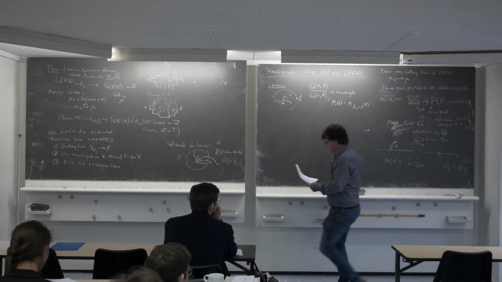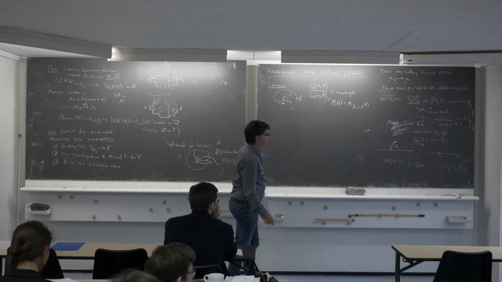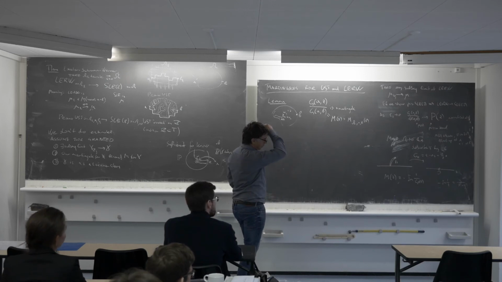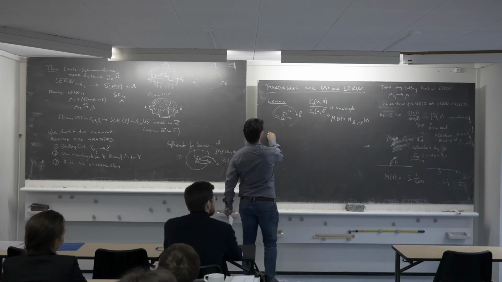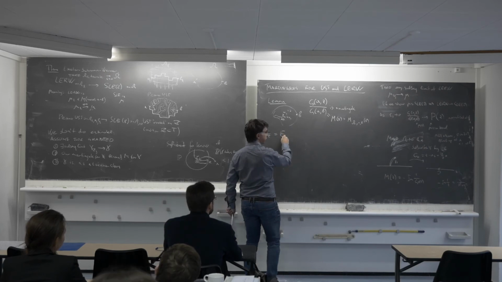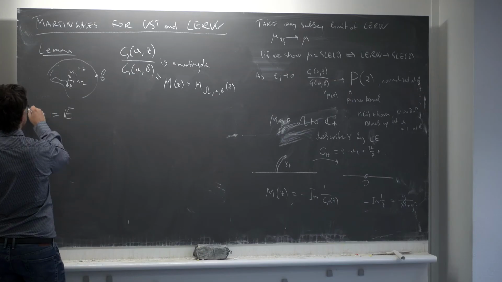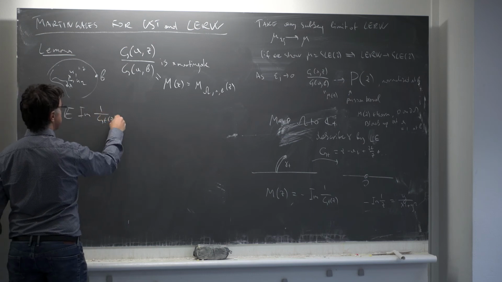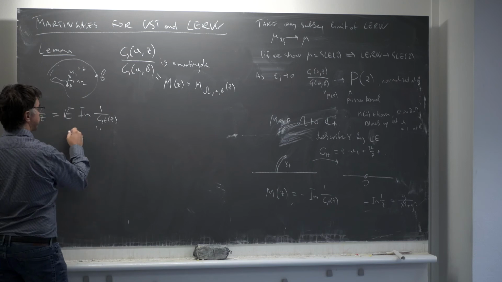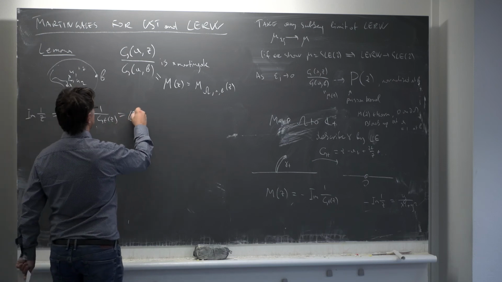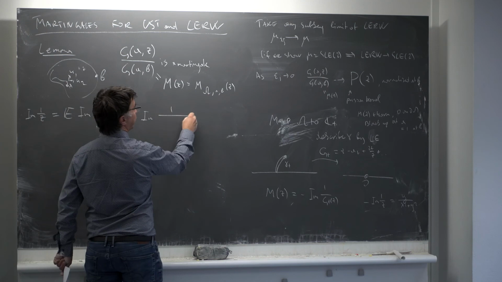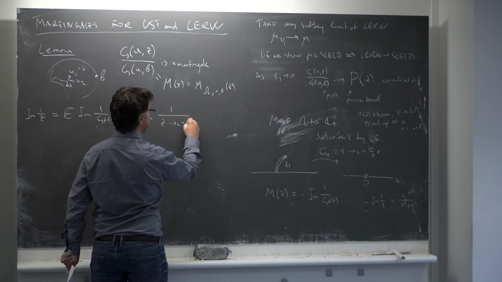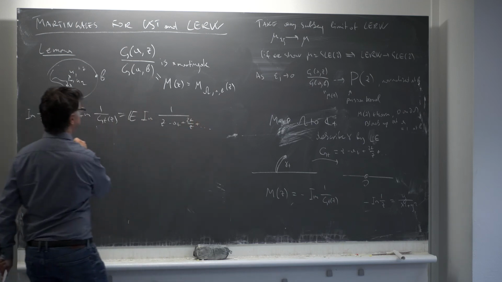So it's a martingale. Then we have 1 over z is equal to the expectation, with imaginary parts everywhere, of the imaginary part of 1 over g_t of z. It's the expectation of the imaginary part of 1 over z minus a_t plus 2t over z plus so on.